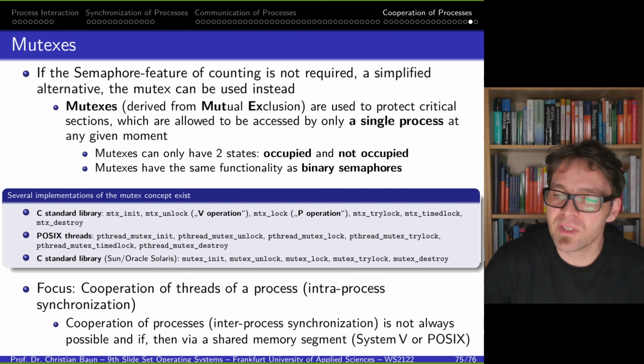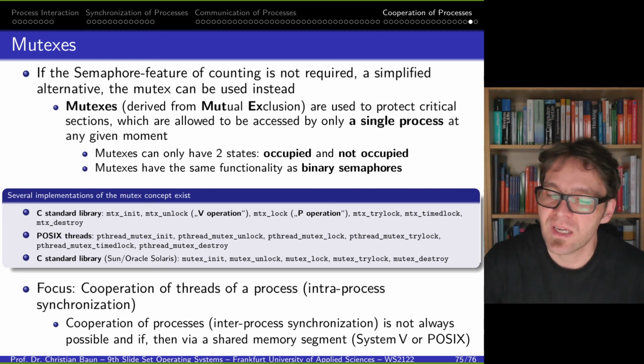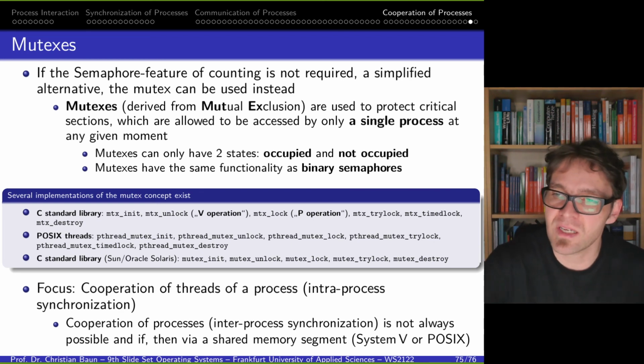Mutexes are pretty well suited if you just want to have mutual exclusion between threads, the threads of a single process. For inter-process synchronization, it's not always suited.